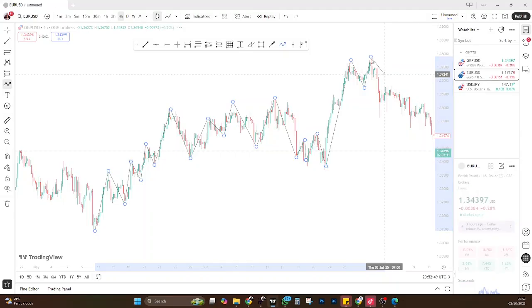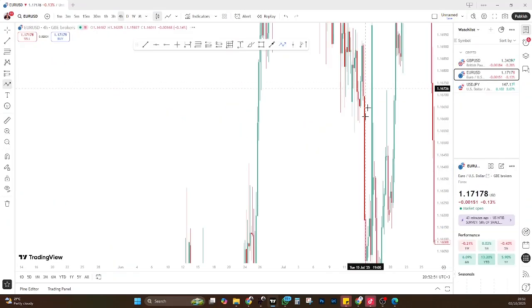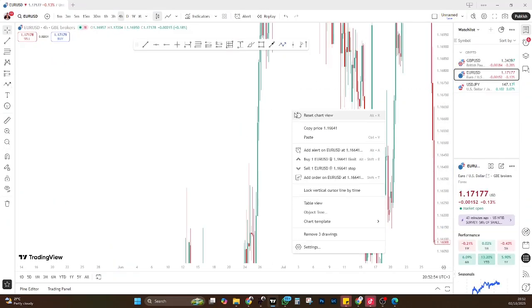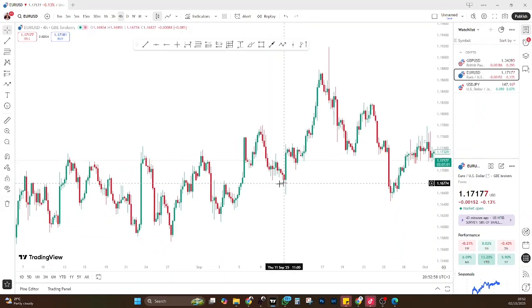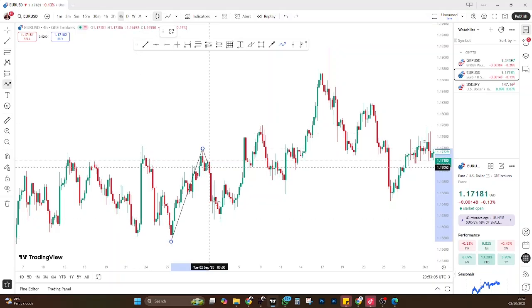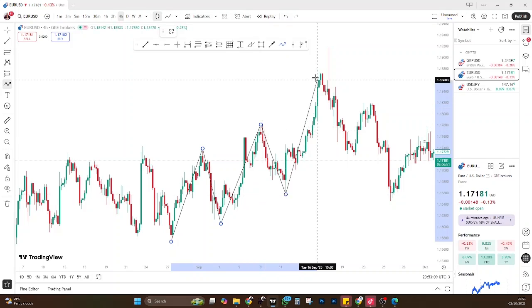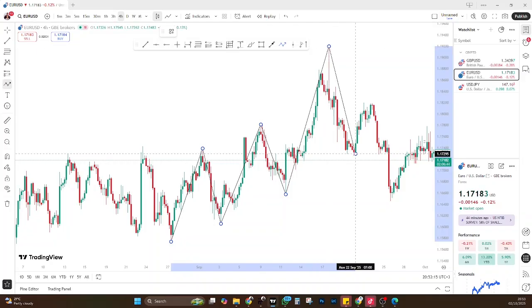Can you see this? Okay, sorry, let me restart that. We can even start from here. This is an uptrend. Higher low, higher high, higher low, higher high, higher low, higher high, higher low, but we never made a higher high. Can you see that?